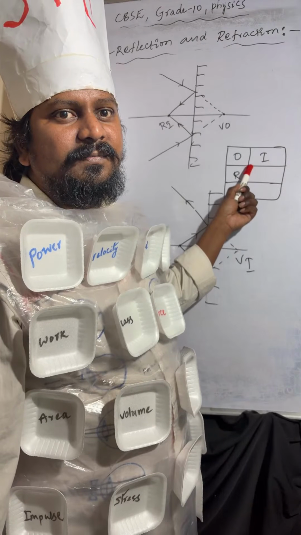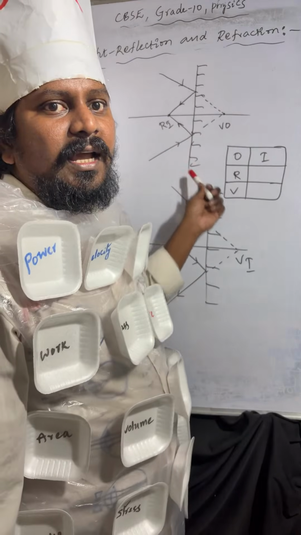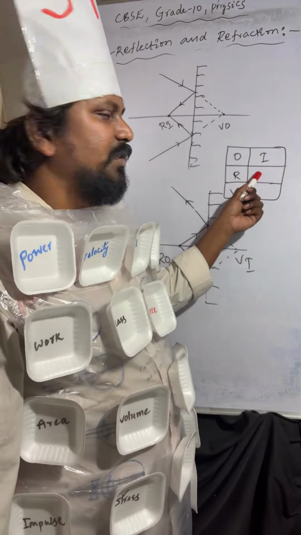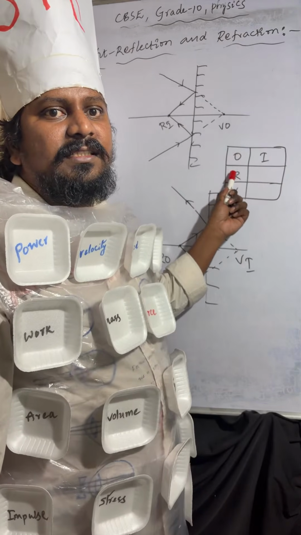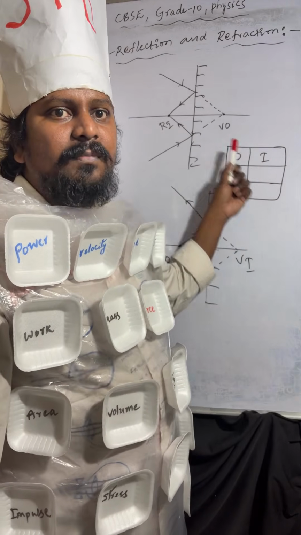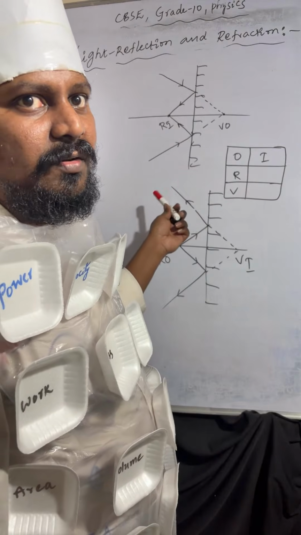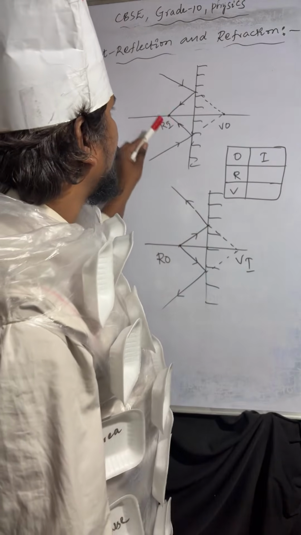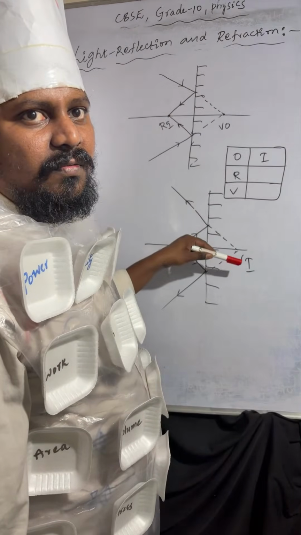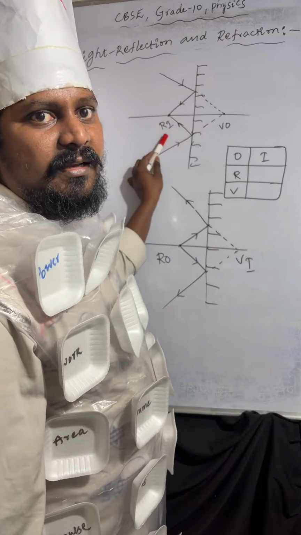Observe these two diagrams, you can get to know. Object is real, what about the image? Virtual. Object is virtual, what about the image? Real. Understood?